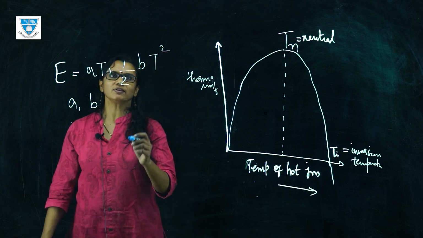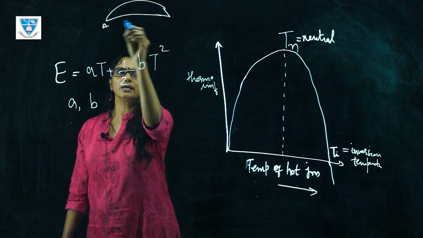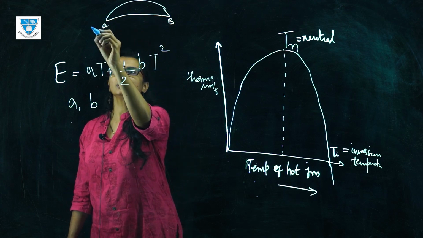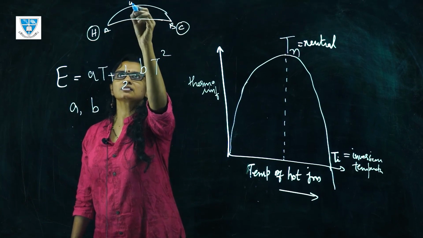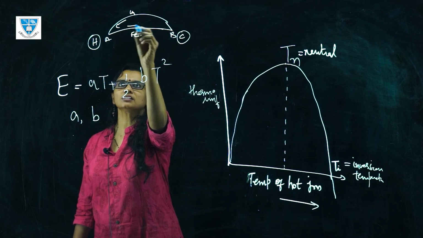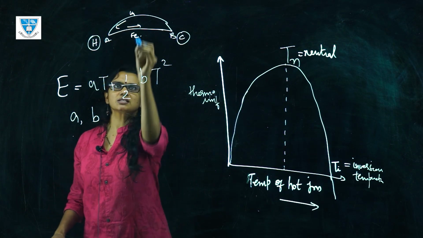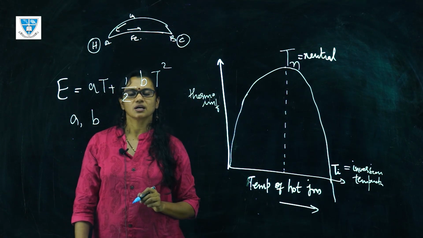So if you have a junction, that is, a thermocouple A and B, and you are heating it, here is the hot junction and here is the cold junction, and suppose this is copper and iron, and this is the direction of current that is flowing. And so this A and B is determined from the choice of your material, copper and iron.